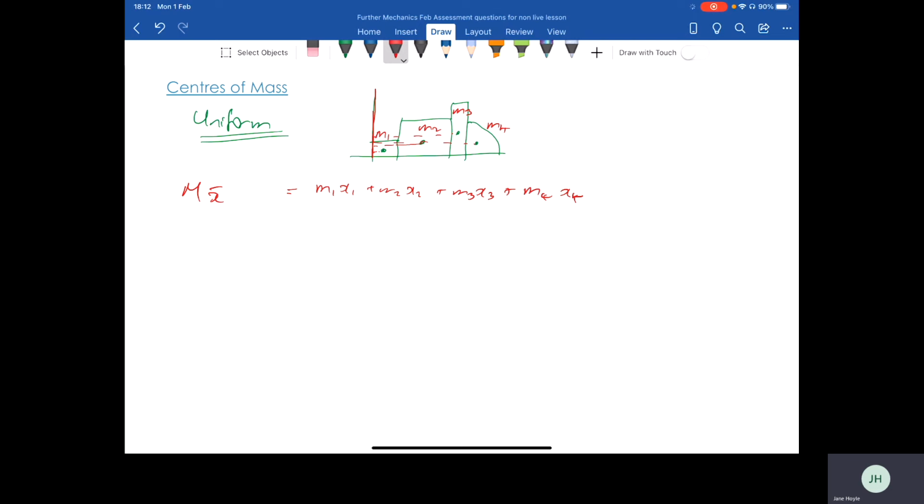And we generalize that. We also wrote that in vector form because there is a similar result for y. So also I know that m times y bar is equal to sigma, all of the m's multiplied by all of the y's. Put a little subscript on if we want.